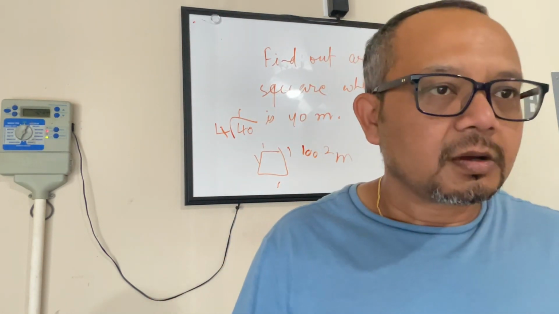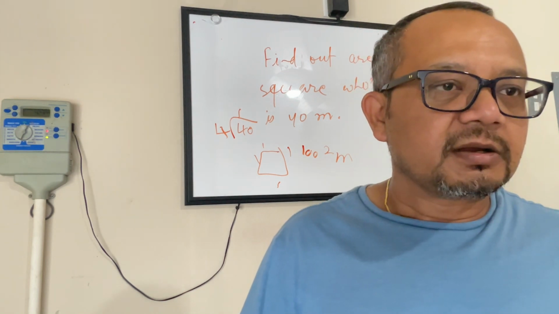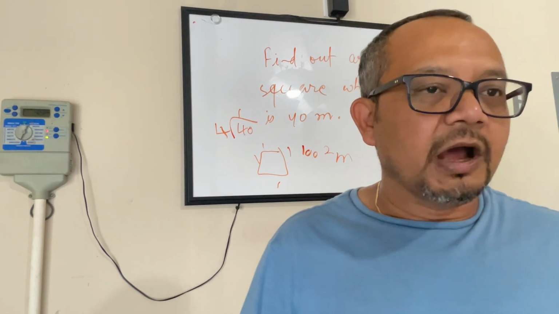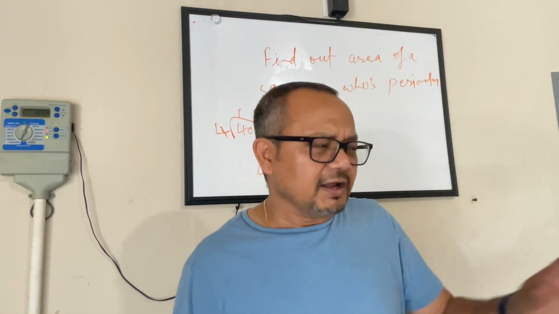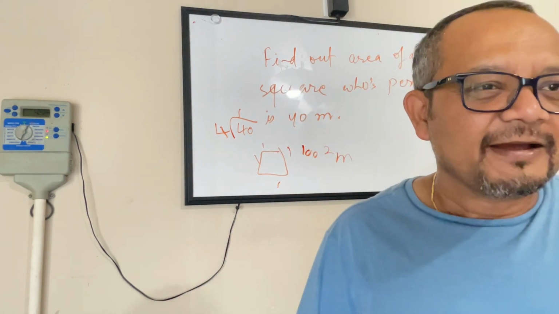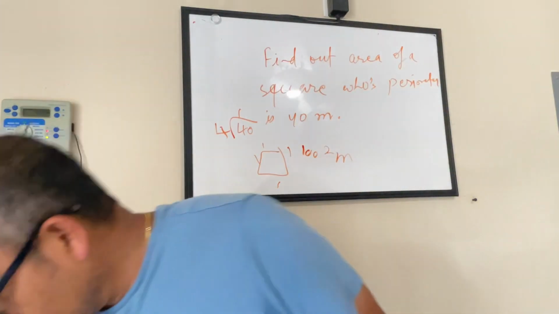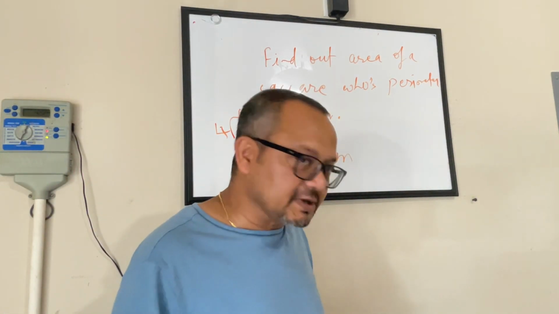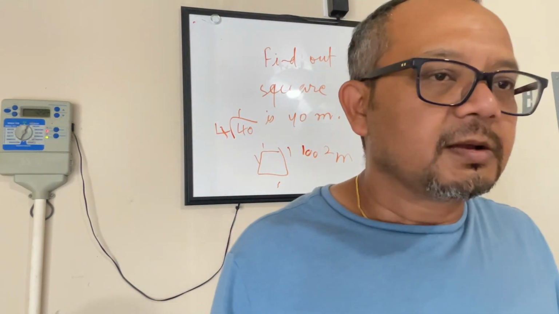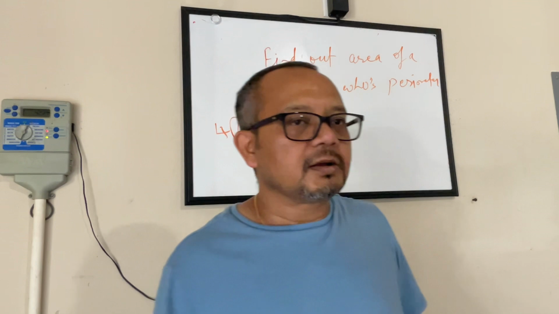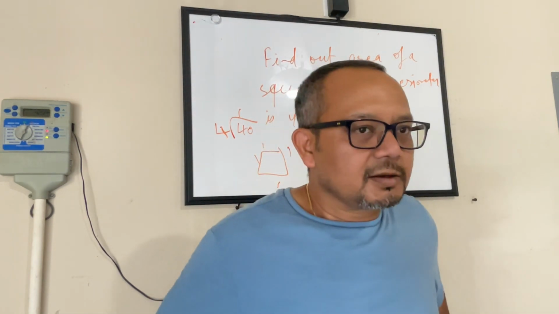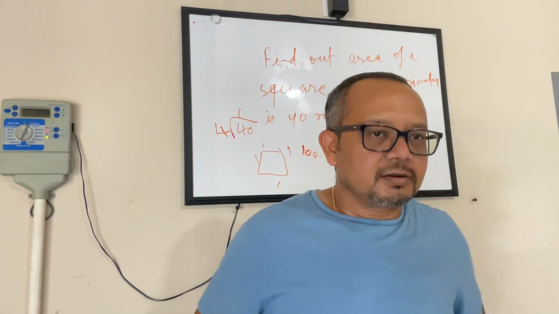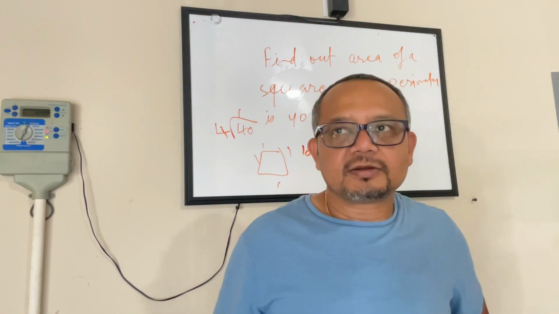I got the answer. How much is that? It's 100. How? I'll explain it. The square has equal sides, so each has to be equal. It can be 10, because 10 times 4 is 40.